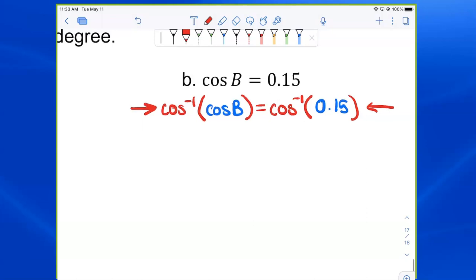That cosine inverse and cosine undo each other, so that we just have B equal to cosine inverse of 0.15.